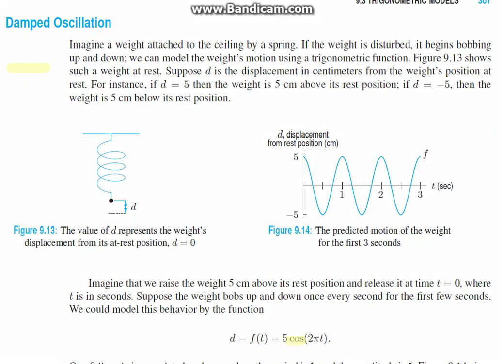If it starts from a particular height, then it's probably going to be cosine, and if it just starts from 0 like this, then this is probably going to be sine. If you just keep that in mind, it's not that hard.